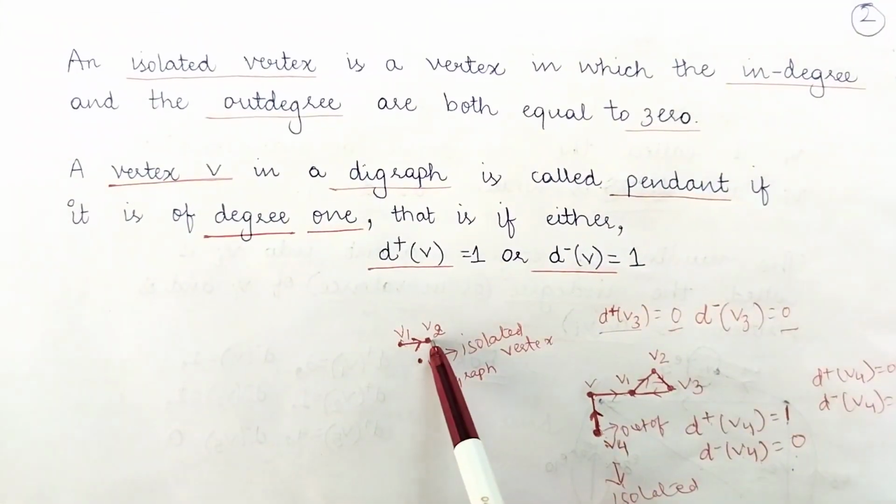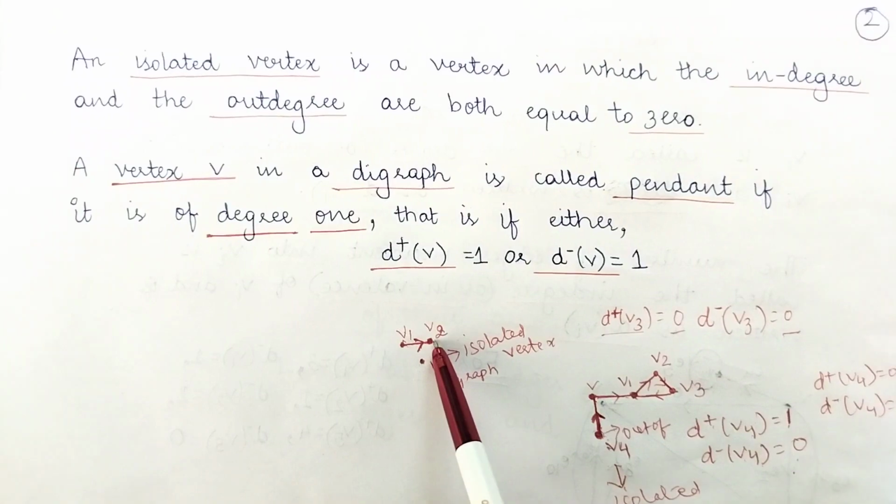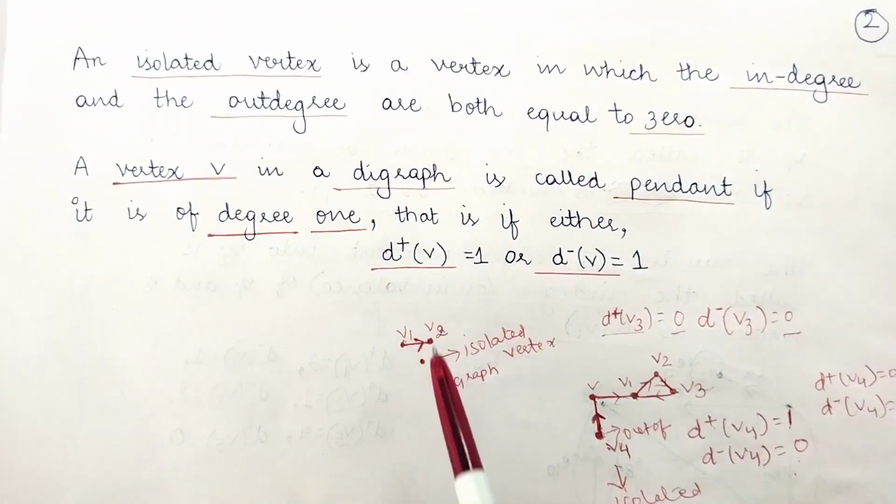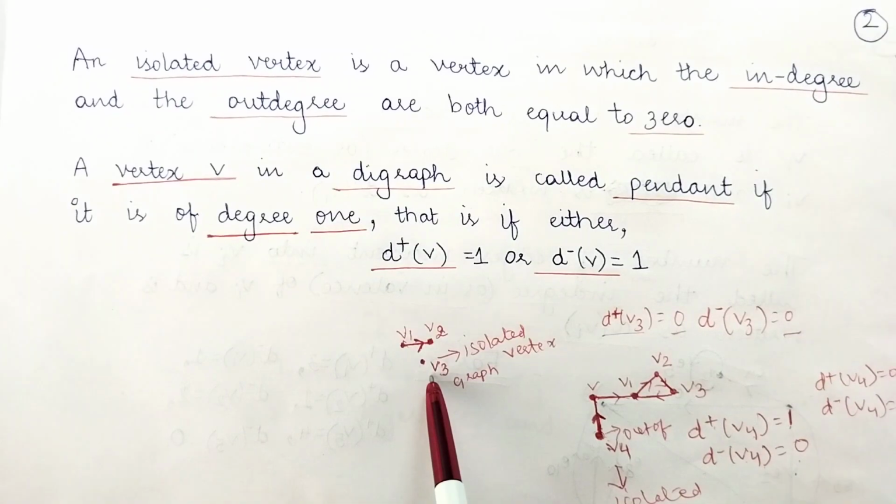Like here, if you consider this particular graph with 3 vertices v1, v2 and v3. Now v1 and v2 have an edge between them, but if you look at vertex v3, there is no edge incident upon v3, right? When there is no edge incident upon vertex v3, there is no question of in degree and out degree. So if I want to find out the in degree of v3, what would be the in degree?